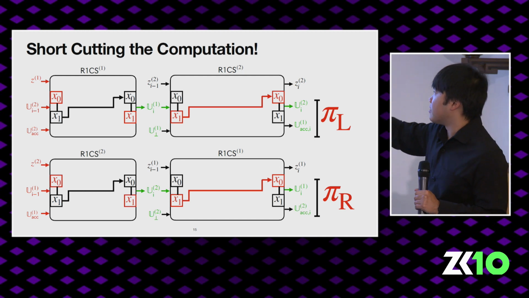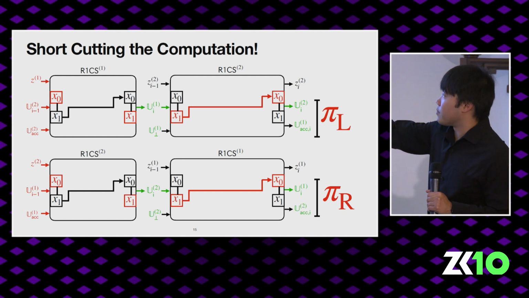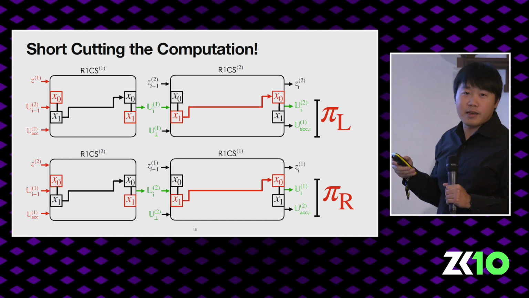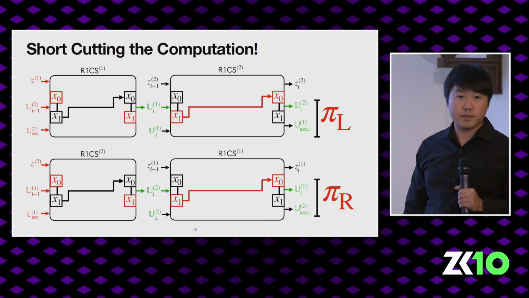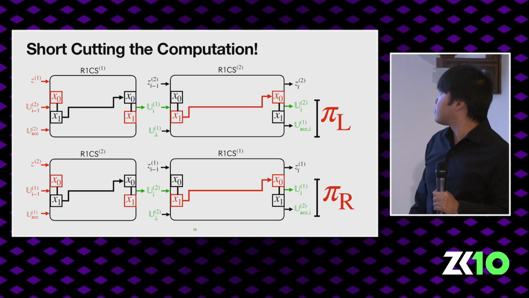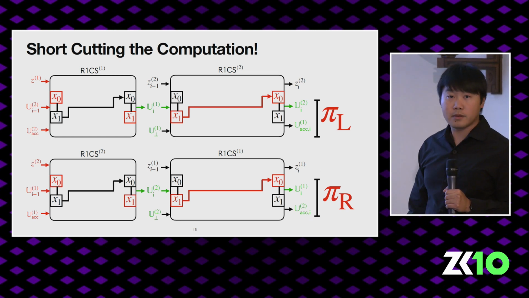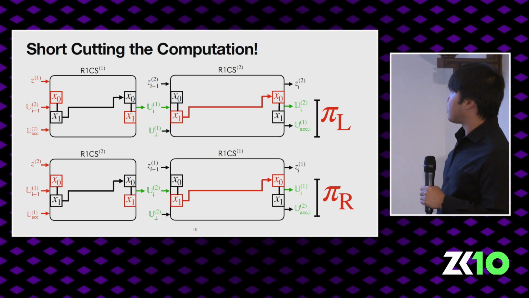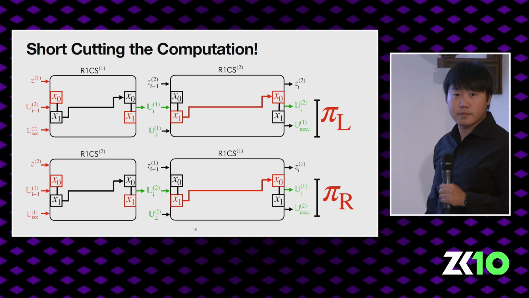So this red line is sort of where that broken accumulator went. I'm saying, for example, if you included UI1 in the hash, in the public instance of R1CS2 or R1CS1, I guess, then that would fix it?